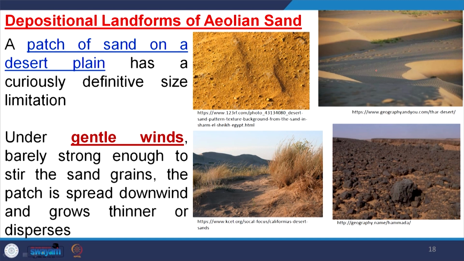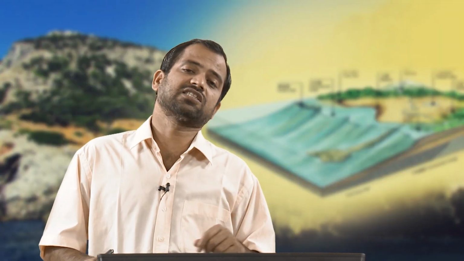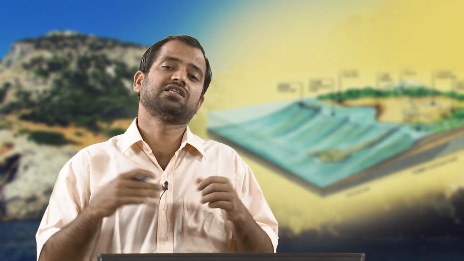Gentle wind is barely strong enough to stir the sand grains. However, if the wind speed increases, these sand grains are picked up and spread on the surface, and finally disappear from that position. Those sand grains may be transported a long or short distance, depending upon the speed of the wind.